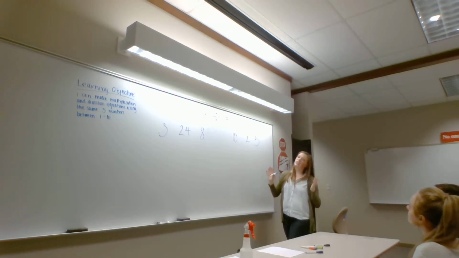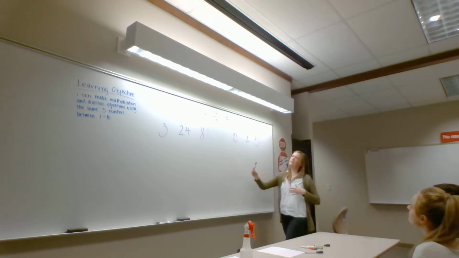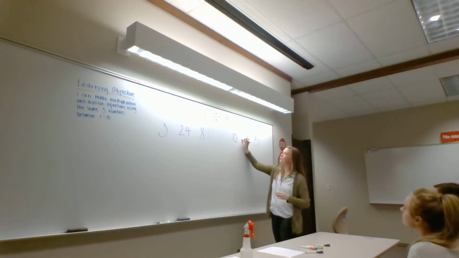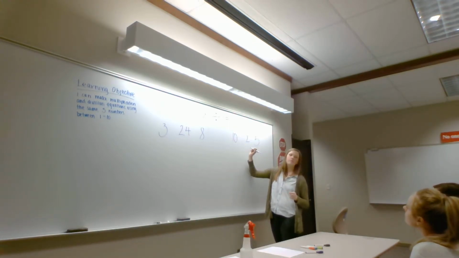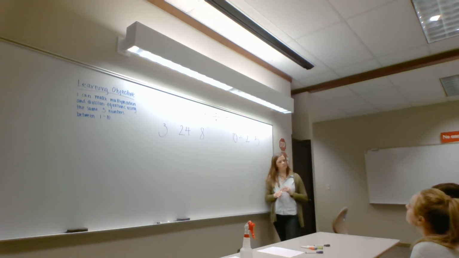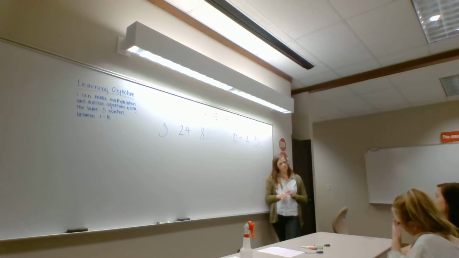So if we could just insert some of these symbols into here, what is an equation that we would make with these three numbers? 10. 10, okay, yeah. What goes here, do you think? Divided by. Divided by. And why do you think that's true? Because that's the big number and there's two groups.